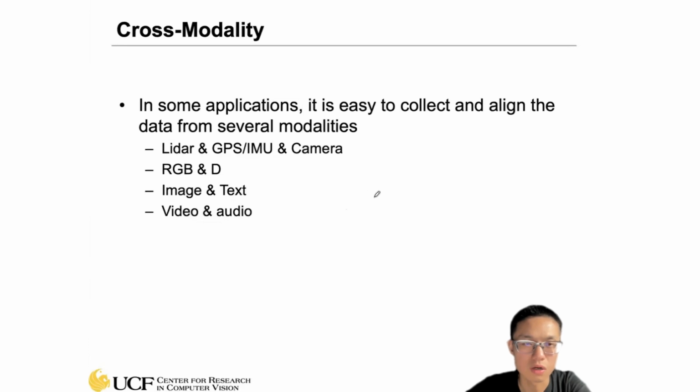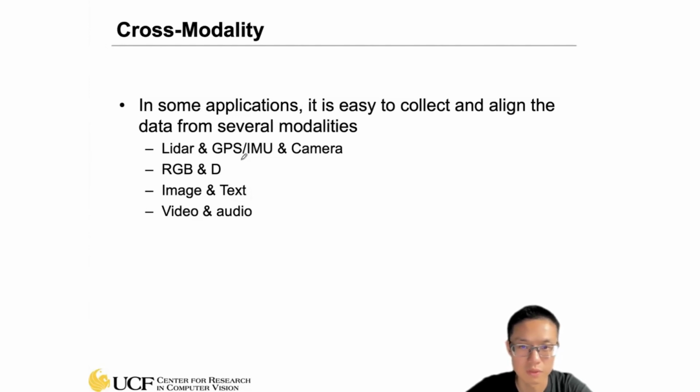We've also talked about cross modality. In some applications, we can collect data that contain multiple modalities. Some cameras can generate RGB images but are also able to capture depth information.